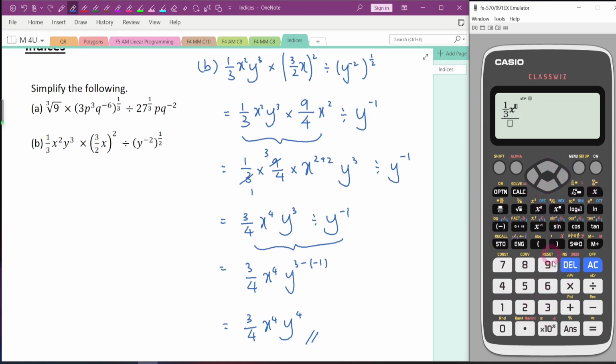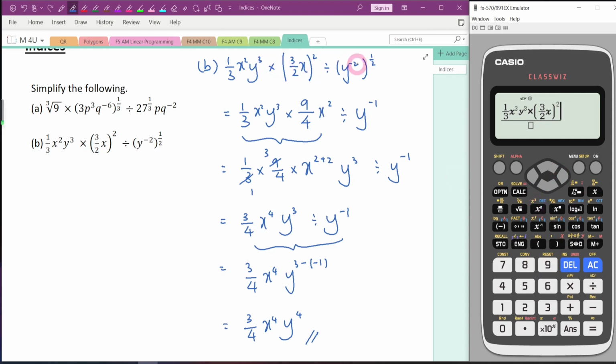x power 3, y power 3 as well. Okay, times another fraction, 3 over 2. Oh sorry, 3 over 2. This one key in, I think it should be no problem.